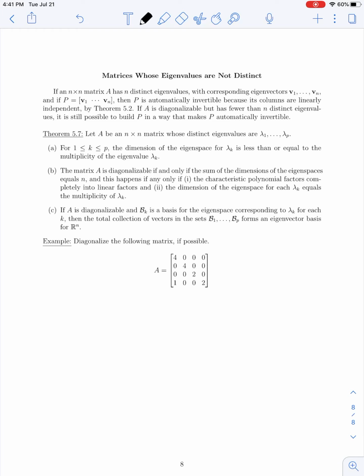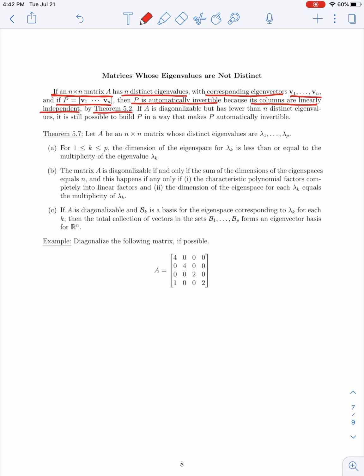All right. For the last part of this section, let's consider matrices whose eigenvalues may not be distinct. If we have an n by n matrix which has n distinct eigenvalues with corresponding eigenvectors v1 through vn, and we take P to be the matrix whose columns are those eigenvectors, then P is automatically invertible because its columns, which are eigenvectors corresponding to distinct eigenvalues, are linearly independent, as guaranteed by theorem 5.2.